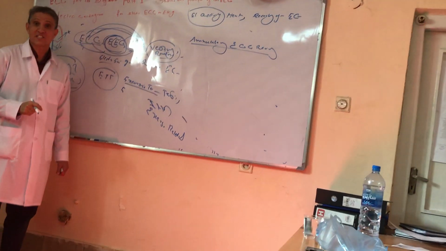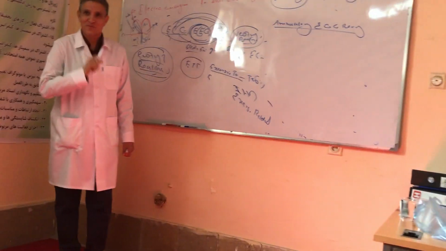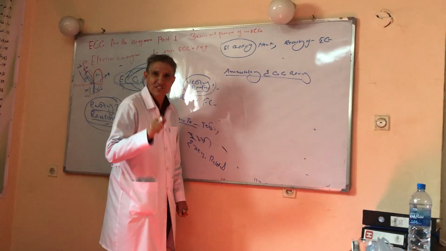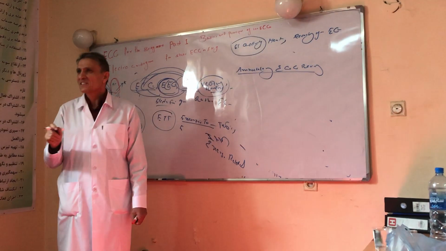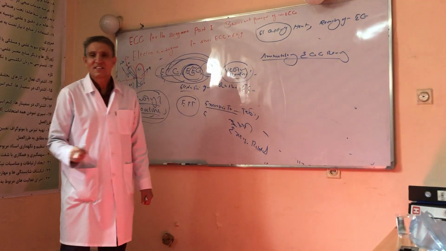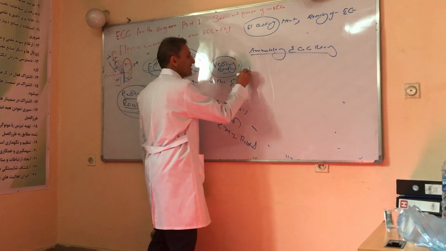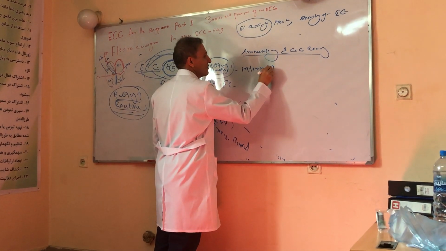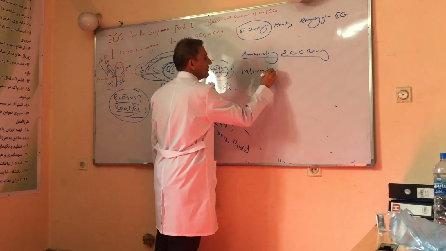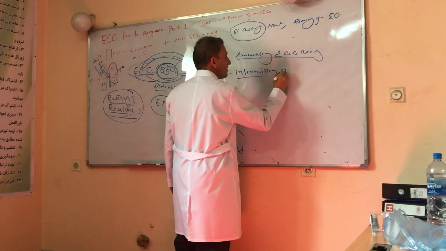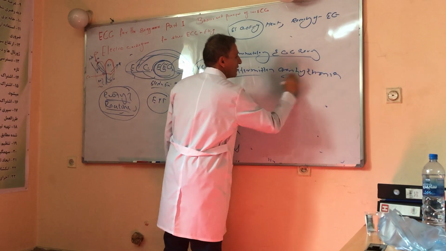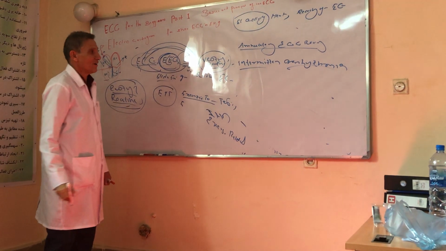ECG is essential for arrhythmia. But there are some patients who sometimes develop arrhythmia and sometimes do not. This type of arrhythmia is called intermittent arrhythmia.